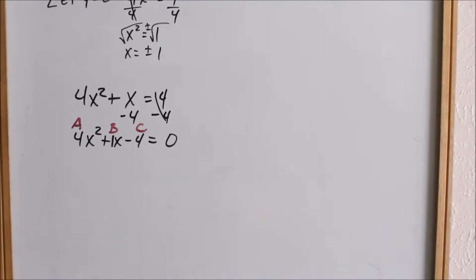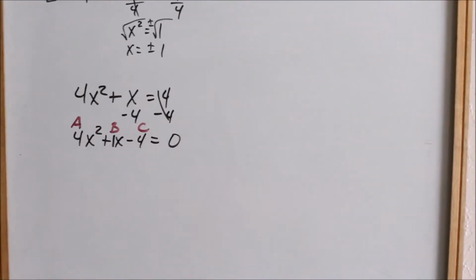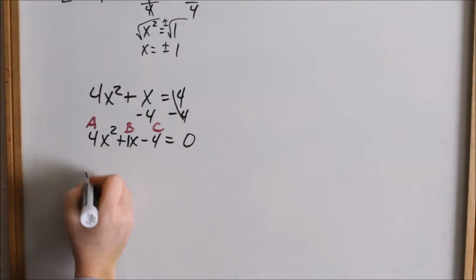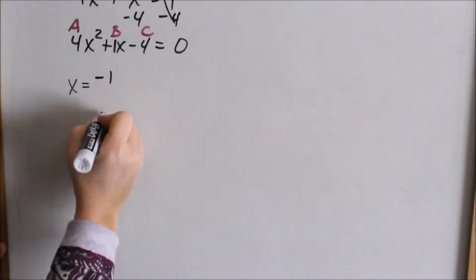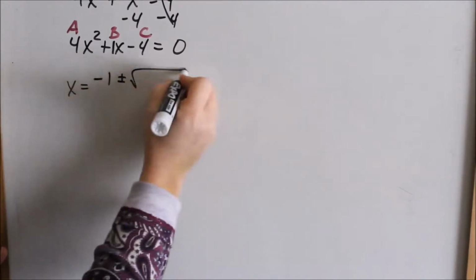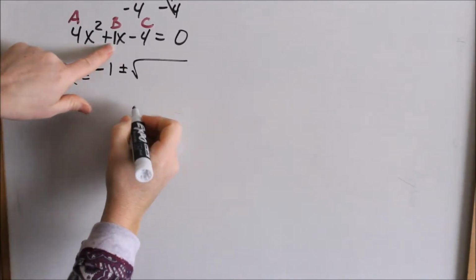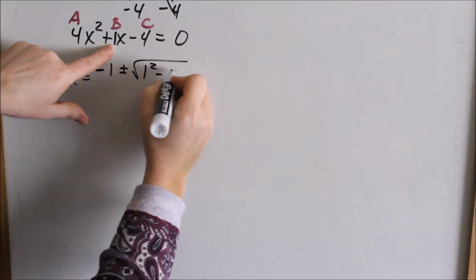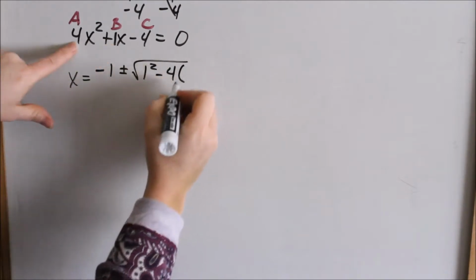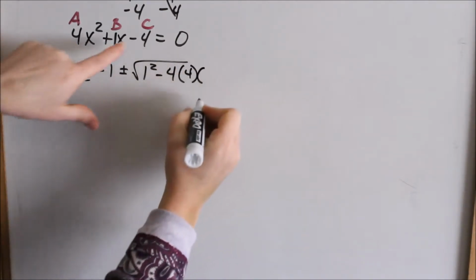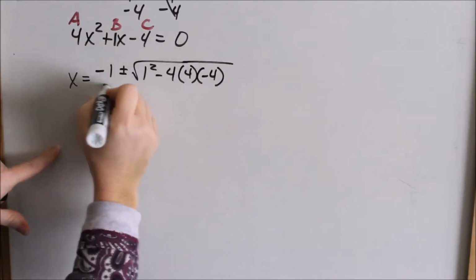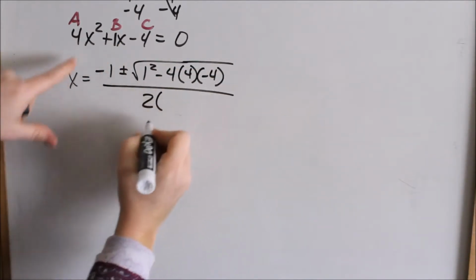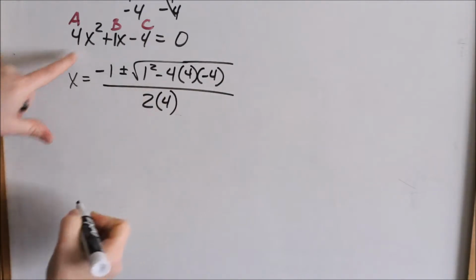So we will use 1 for B. So using quadratic formula to solve for x, x equals negative b, and b is 1, plus or minus square root of b squared, and b is 1. 1 squared minus 4 times a, and a is 4, times c, and c is negative 4. So keep up with your numbers. All over 2a, 2 times a, and the a is 4.